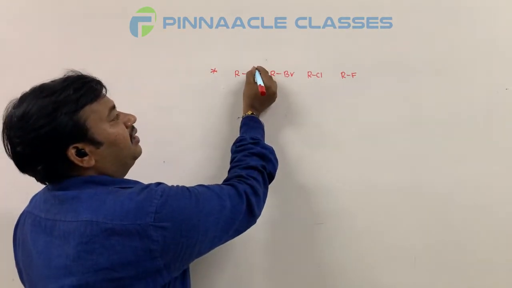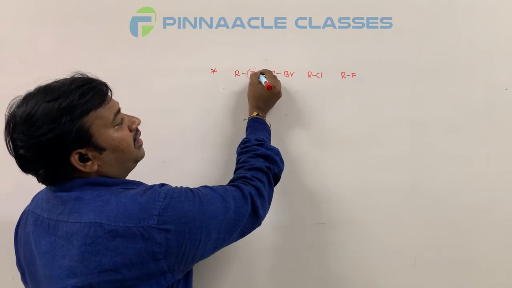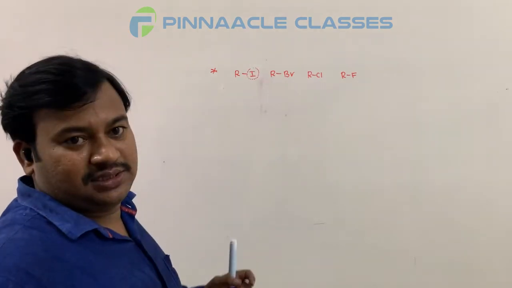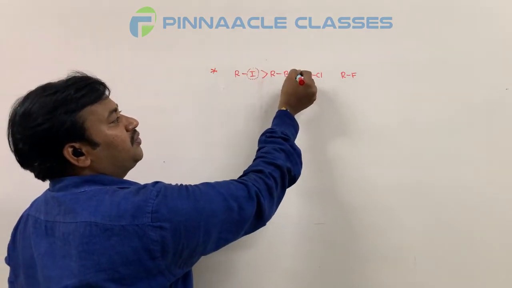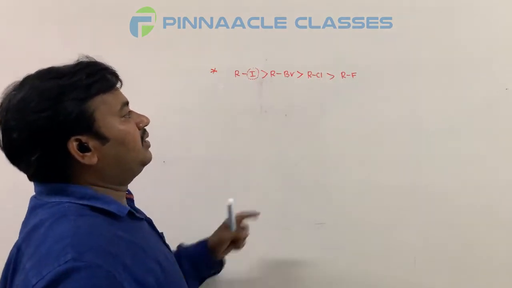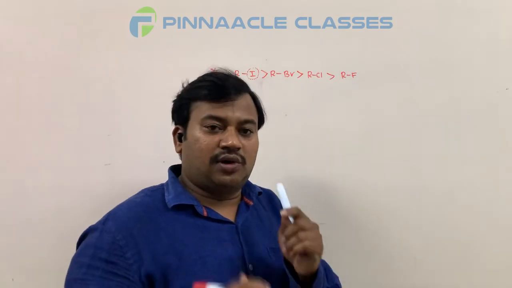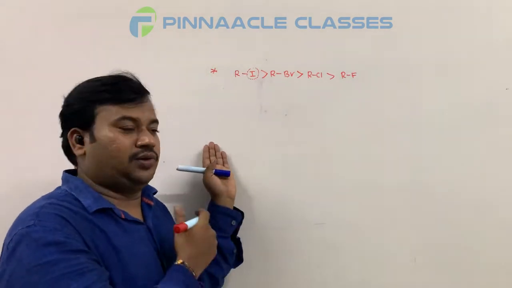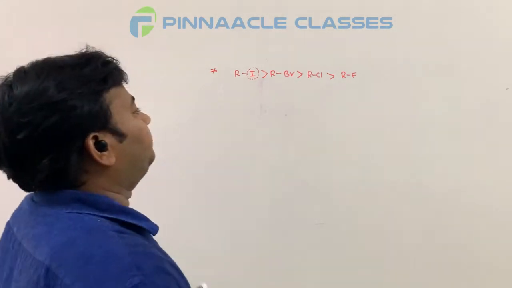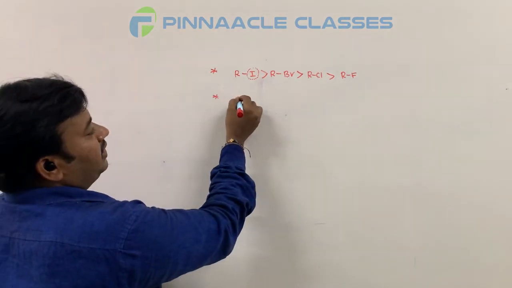See here, the rate for alkyl halides depends on the size. Basically, alkyl iodides are more reactive than alkyl bromides, then chlorides, then alkyl fluorides. So alkyl iodide readily takes part in nucleophilic substitution reaction, SN1 or SN2.